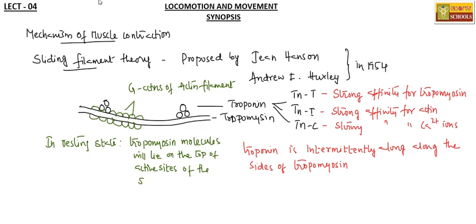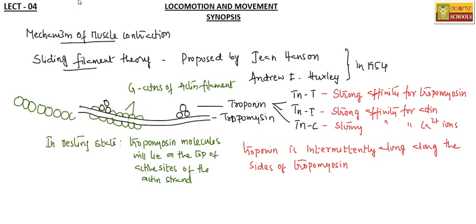In the actin filament, we find active sites. If this tropomyosin slightly slides out, then you can see there will be active sites on this actin filament. Here I'm just showing that.